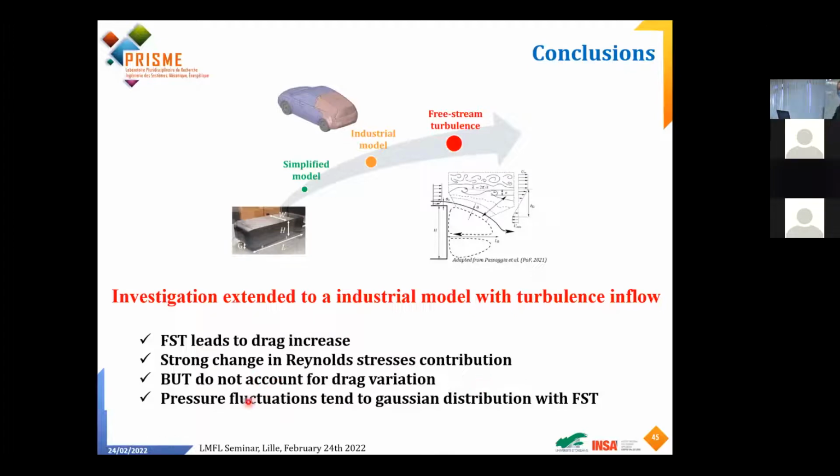And that's why we have looked at pressure. We have seen that pressure fluctuations tend to a Gaussian distribution when we impose turbulent conditions in the external flow. But still, we need to complete this to understand fully what's happening.